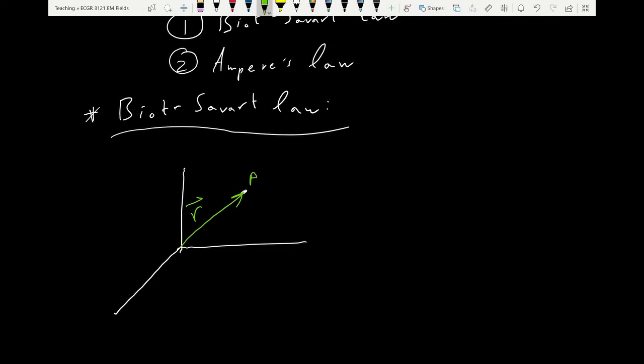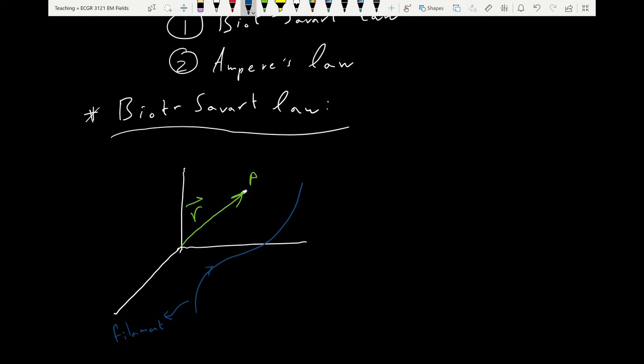What is the source of the field? The source of the field is a wire, a thin wire. By thin, I mean you can ignore its width. It's just a small wire, also called a filament, that carries a current. So the Biot-Savart law is a law for finding the magnetic field from a filament, right?